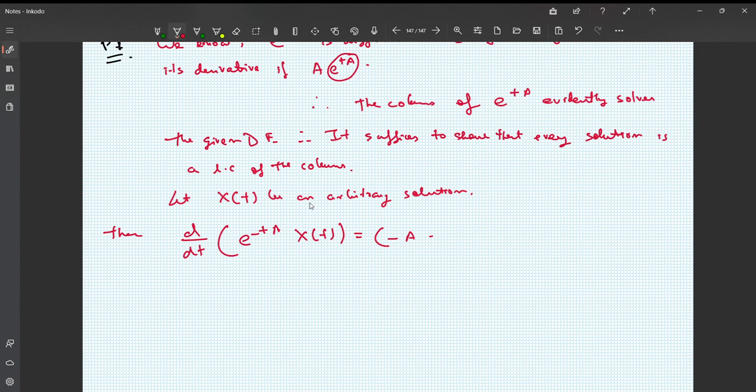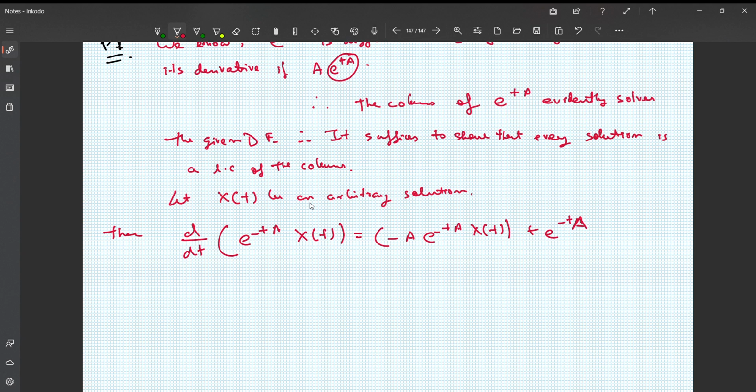It's minus a e to the power minus ta times x(t), plus e to the power minus ta times the derivative of x(t).